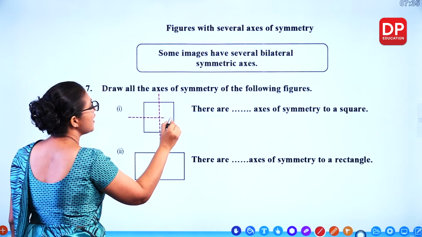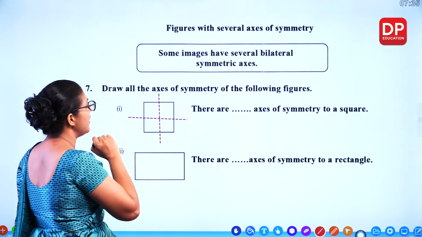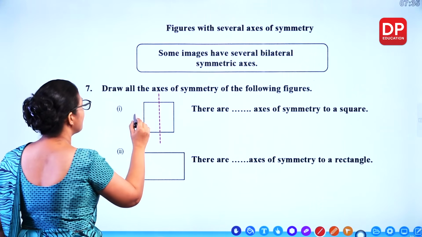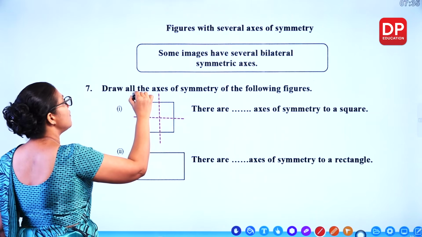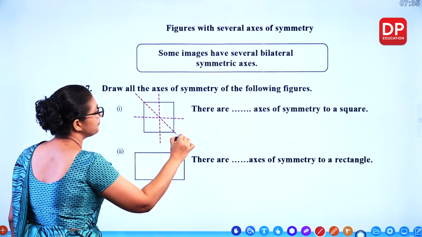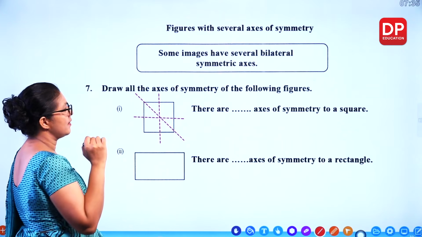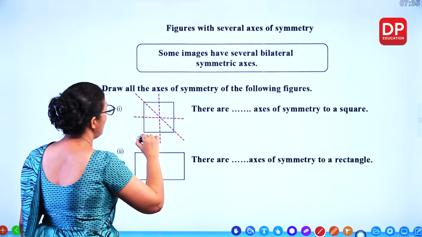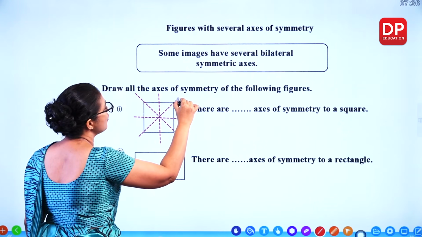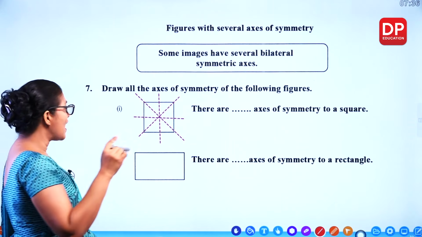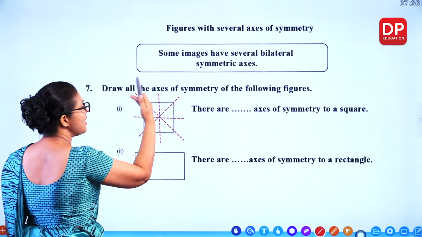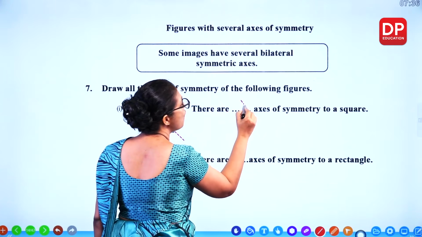And also we can draw a line here. A line here. And what about this way? Another line. And also diagonally we can draw another line here. So how many lines are there? 1, 2, 3, 4. There are 4.